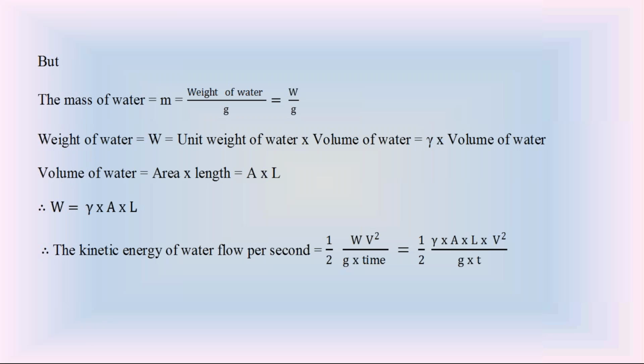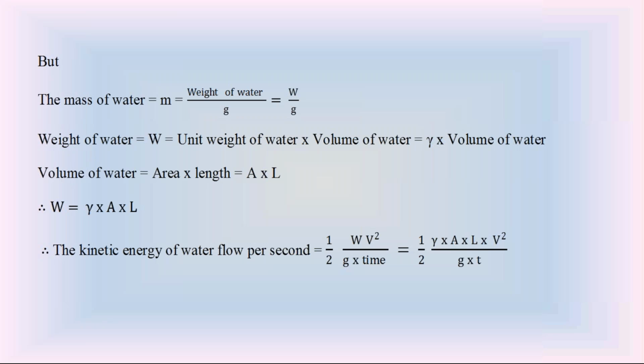The weight of a body W is equal to the mass of body into acceleration due to gravity. From that, the mass of body is equal to the weight of body divided by acceleration due to gravity.